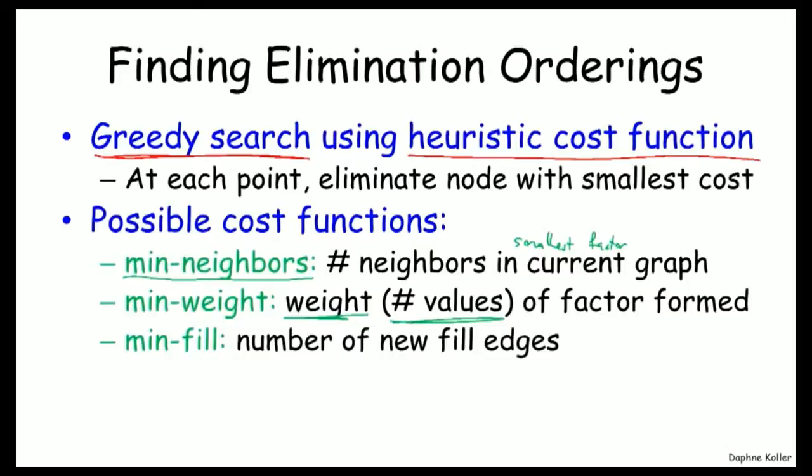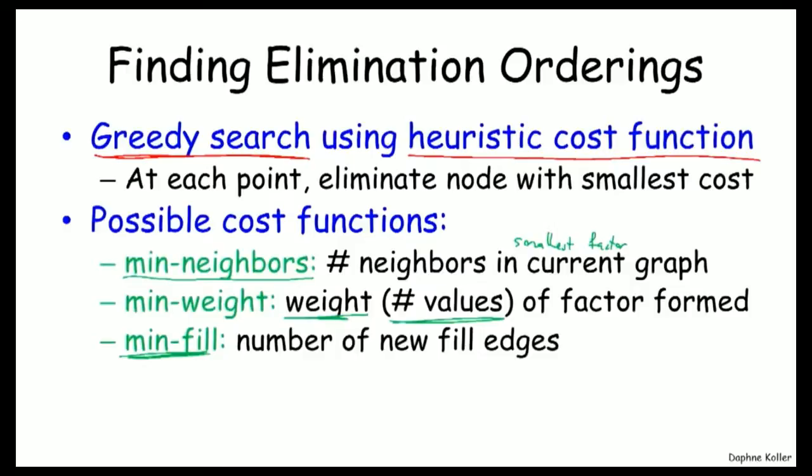So these just look at the size of the factors formed, and they ignore the fact that some of these factors might be inevitable. So a different strategy is to look at how much extra work is caused by the elimination ordering. So min-fill is a strategy that says, if I eliminate this node, how many nodes that weren't friends before become friends due to this elimination step?